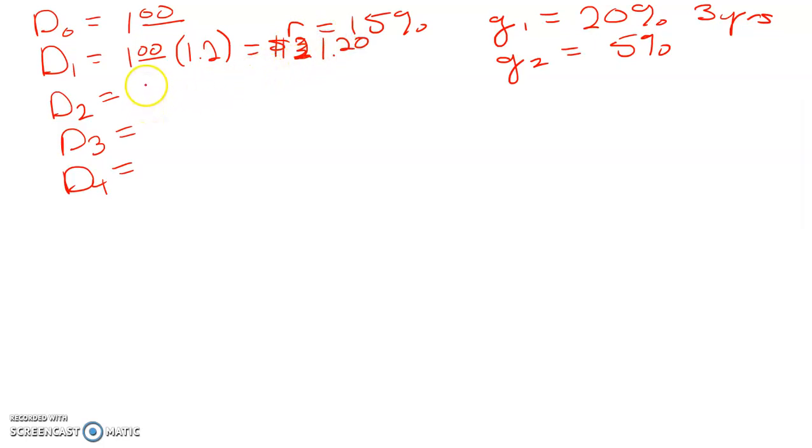So D2 is just $1.20 times 1.2, or $1 times 1.2 squared. That's $1.44. And it is possible to get some rounding errors. They can be fairly significant in these types of problems. We're not going to worry about them here.